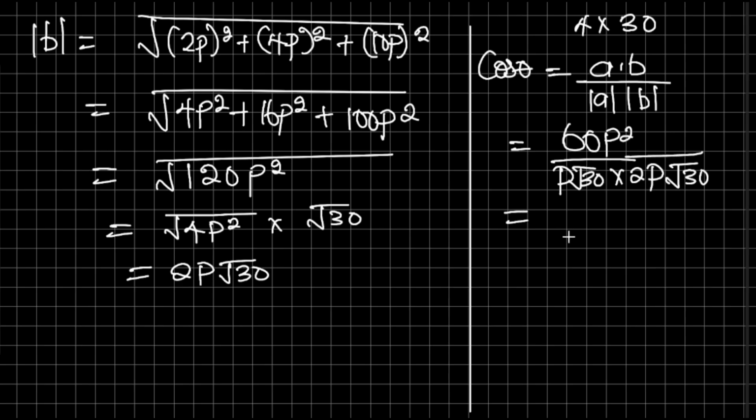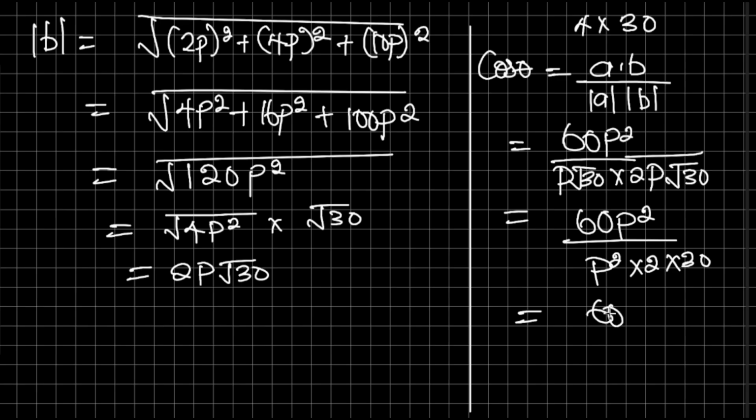This is strange, but it is simple. So this is 60P squared all over P squared multiplied by 2 times 30. Root 30 times root 30 will just be 30.